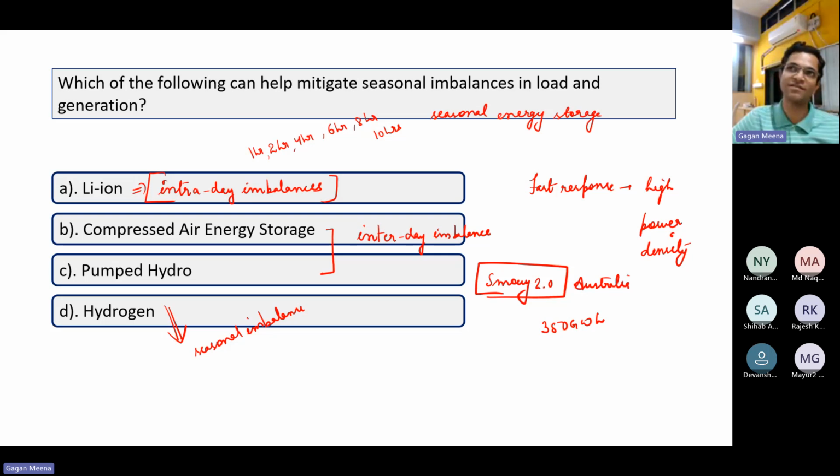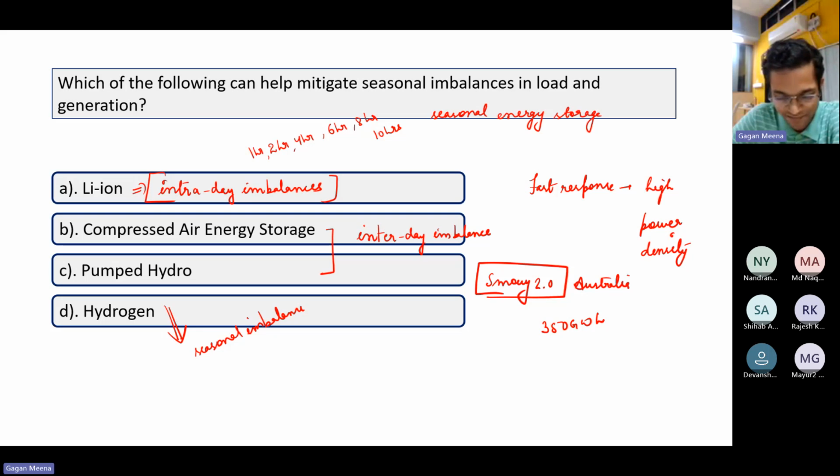In one way, one substitute of this, they have come up with ammonia for transportation. They will store it in the form of ammonia and use it, then extract hydrogen from ammonia using the well-known Haber's process.